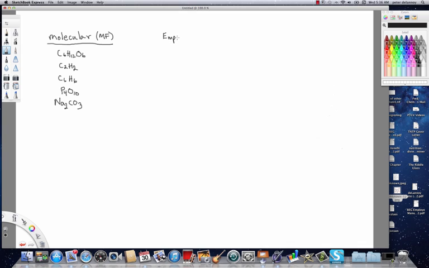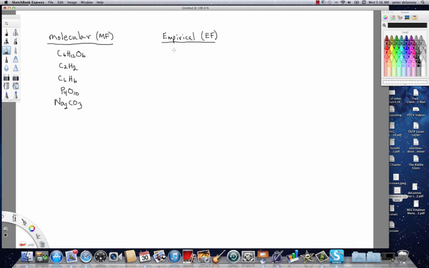All right, and then we have empirical formula. An empirical formula is a chemical formula that was determined by experiment, or observation, if you will. But it's a more specialized kind of chemical formula. It doesn't give us information about total numbers of atoms in a chemical compound.